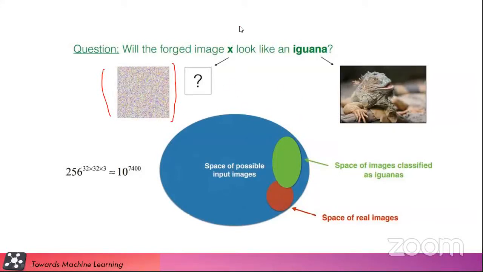Basically, for a pixel we have a range of 256, ranging from 0 to 255, and we are using 32 by 32 by 3, where 3 stands for the color channels. So the total number of possible images for X is 10 to the power 7400.